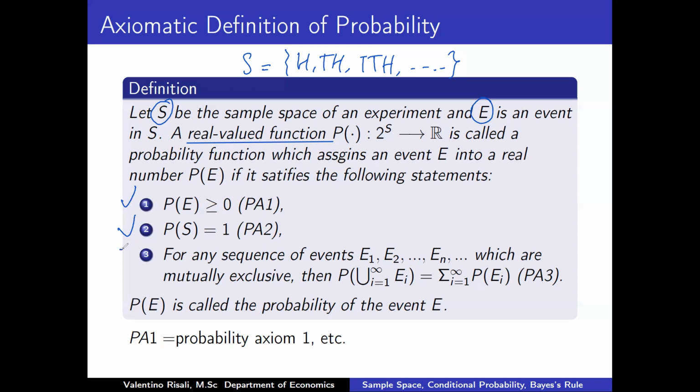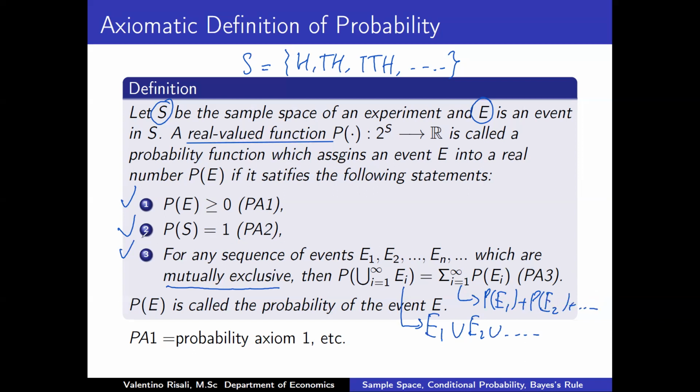And the third statement: for any sequence E1, E2, and so on, which are mutually exclusive, the probability of the union E1 union E2 and so on is equal to the sum of P(E1), P(E2), and so on.